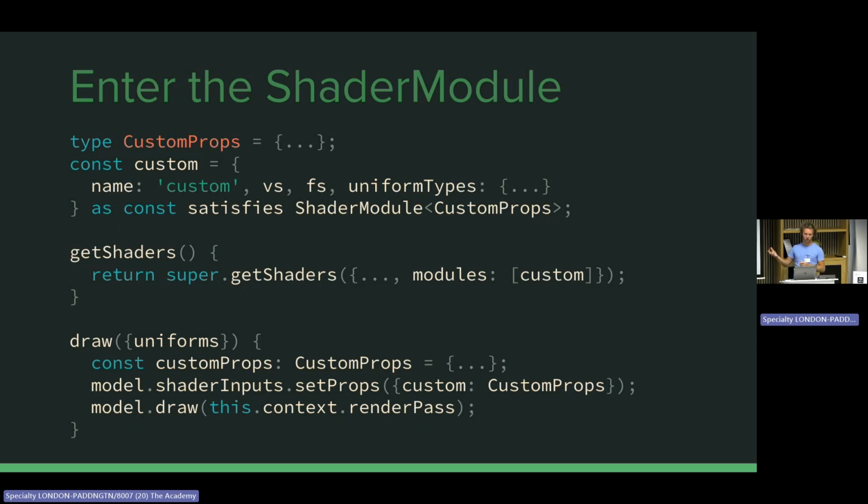But we can also inject shader modules. So here we can inject any kind of custom shader module, and it's going to add the code of this module for us. And then when it comes to drawing the layer, instead of setting uniforms like we did before, we're going to set props on the model that is using this module, and we're going to specify that we're updating this specific custom module.